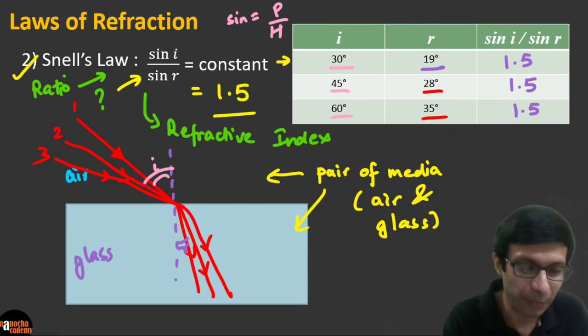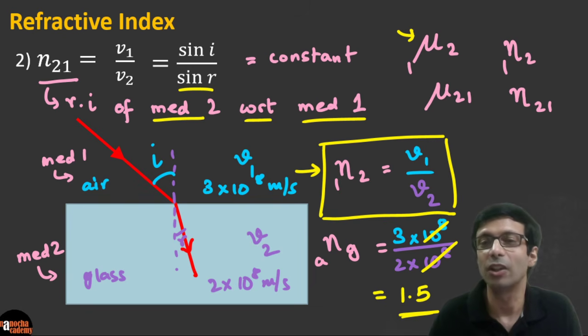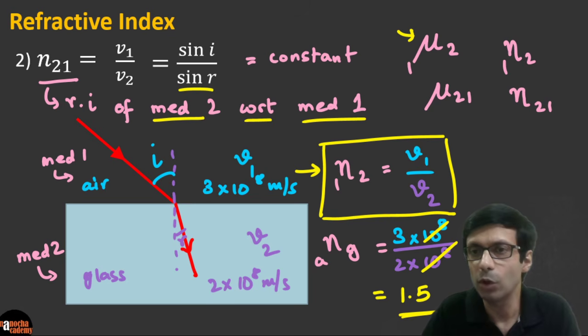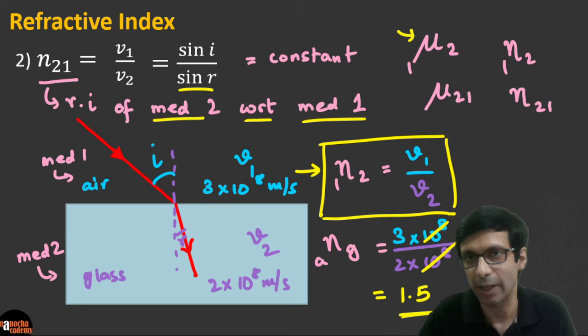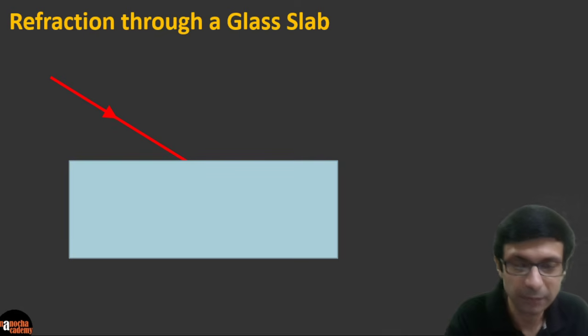So this shows that refractive index can be defined as the ratio of velocities or the ratio of the sine of these angles. I hope this concept is clear. Otherwise, go back and look at these formulas. I'm sure it's going to become very easy for you. The refractive index of medium 2 with respect to 1 is defined this way. This is a very important concept for all of you to know.